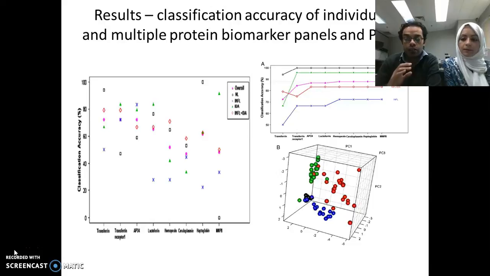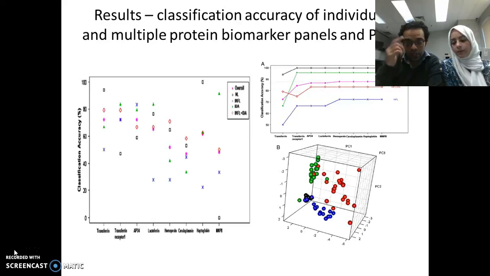Moreover, the classification accuracy improved from 94% to 100% in the normal group, from 50 to 72 in the inflammation group, from 66 to 96 in the IDA group, and for the inflammation and IDA group, the accuracy improved from 79 to 83.